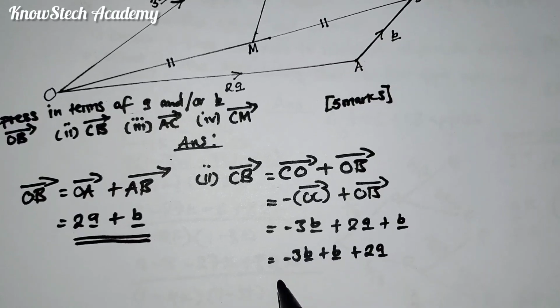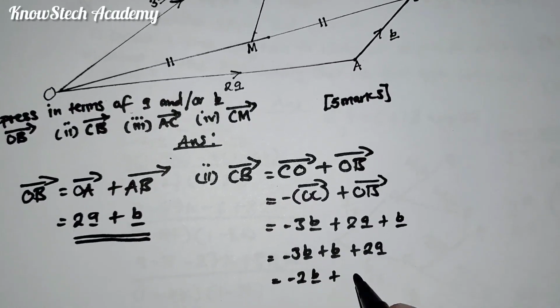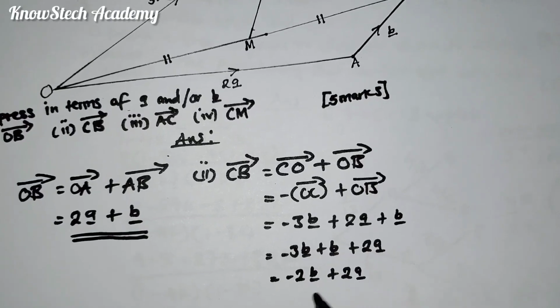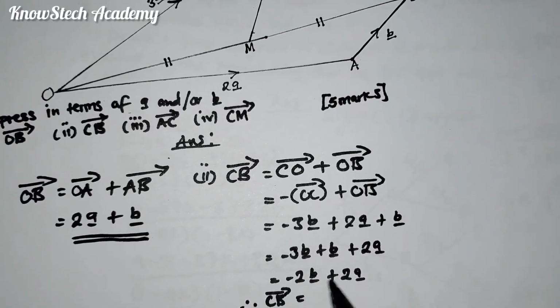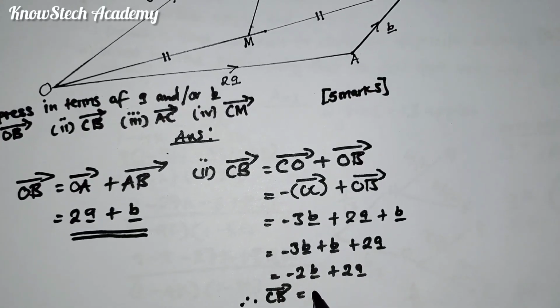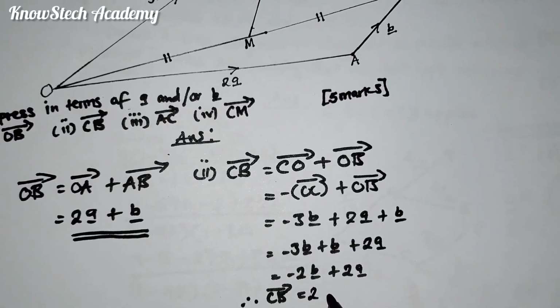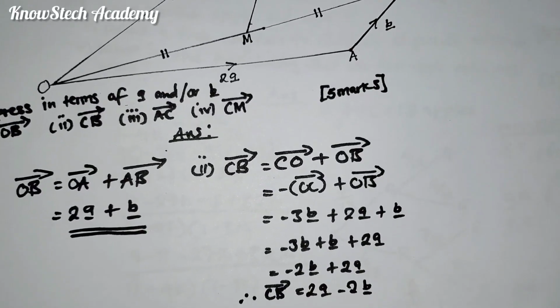Negative 3 plus 1 is negative 2 vector B plus 2 vector A. Therefore, vector CB is equal to, always start with the positive number and the positive vector, 2 vector A minus 2 vector B.